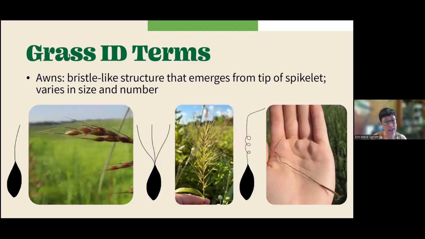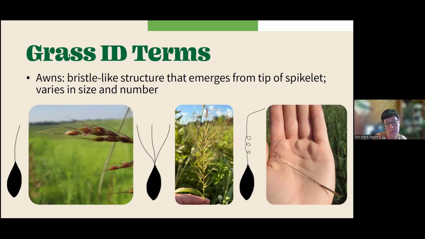We're going to compare that to an awn, which is like a bristle, but it emerges from the tip of the spikelet rather than the base. Okay, and they vary in size, number, color. Again, what's the point of a bristle or an awn? We could probably guess this one.